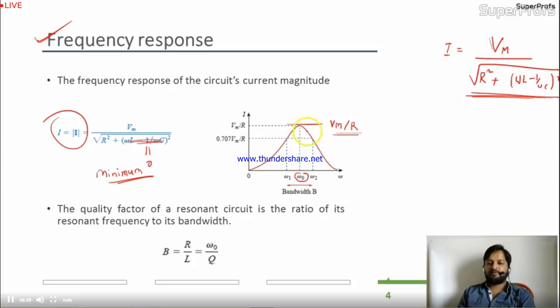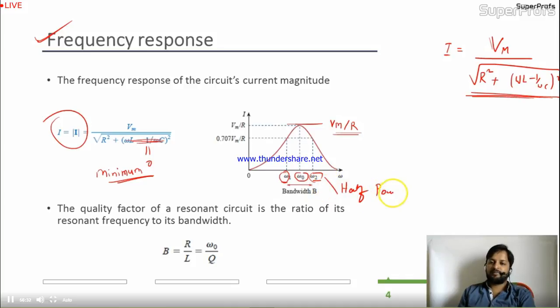But when you look at the graph, you will find two more frequencies given over here. These W1 and W2 are called the half power frequencies, because the power at this stage is half, or the magnitude is 0.707 of Vm by R, the max value.